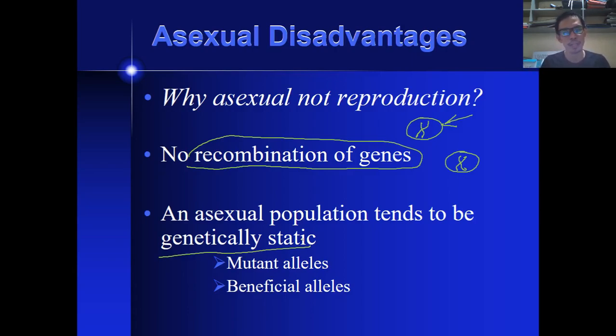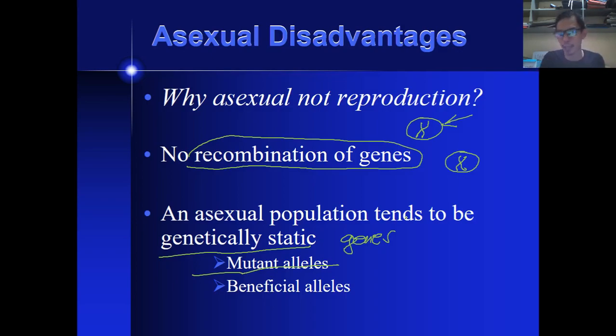So if an agent or a chemical, for example, tries to kill that particular population, they are likely to be exterminated, because they have the same set of genes in their bodies.